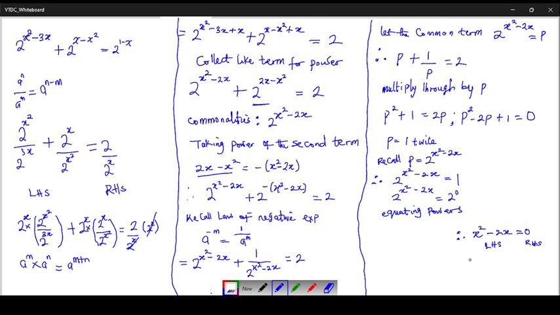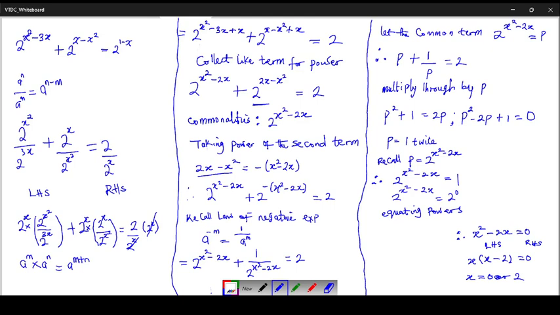If I were to factorize it, it would be x(x − 2) equal to 0. So at this point, we know that it's a quadratic expression where x is either equal to 0 or 2. Final answer. So all these things are very necessary for your recalling, and I hope that you understood it.